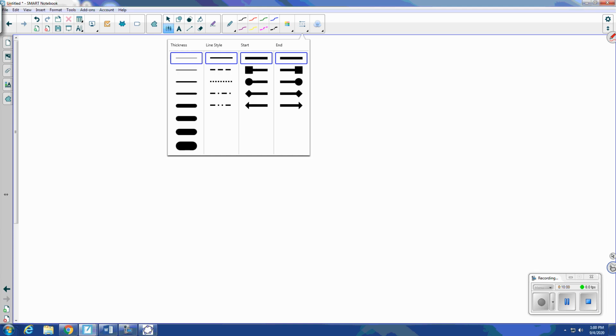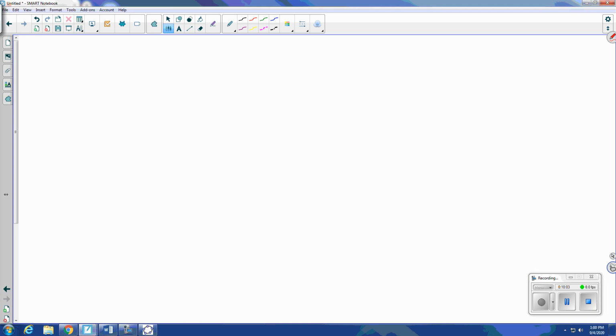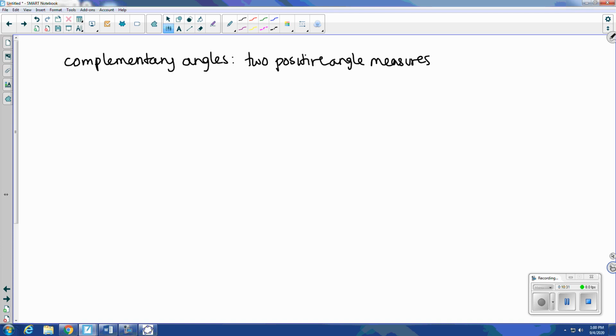And the last two angle pairings you need to know are what we call complementary and supplementary angles. Complementary angles are two positive angle measures that sum to 90 degrees.